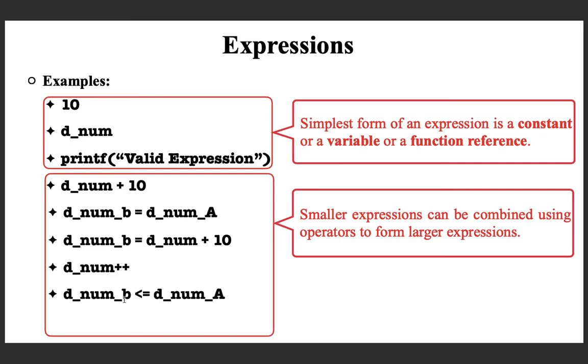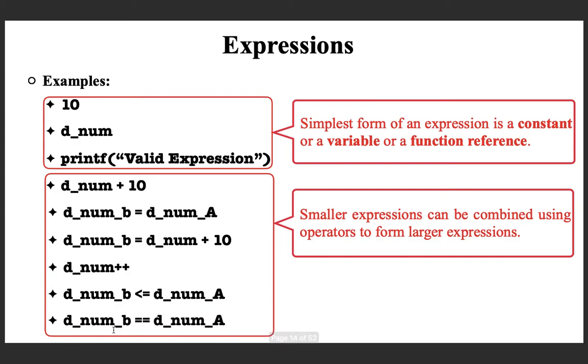Here it is saying that decimal number b is less than or equal to a decimal number a. So the value contained in this variable is less than or equal to the value contained in this variable. So the result can be either true or false.